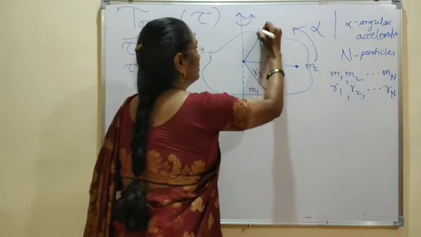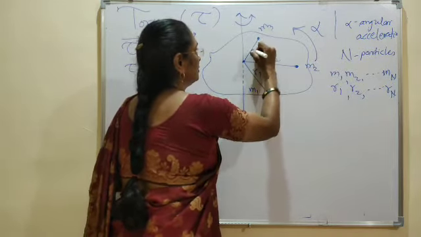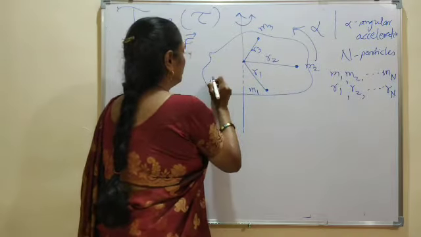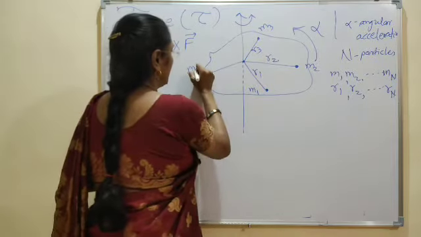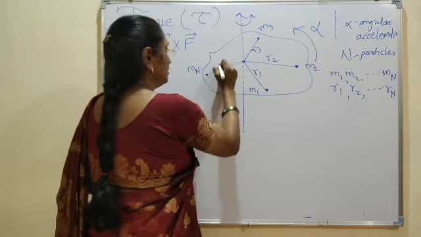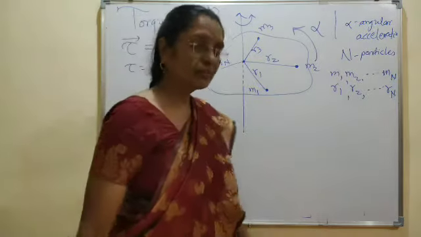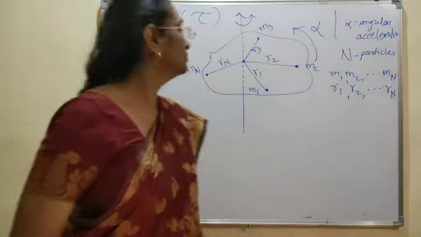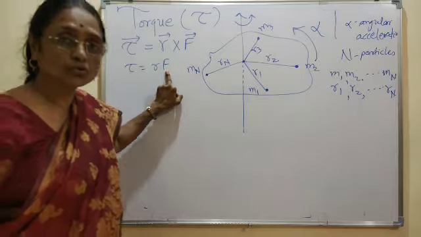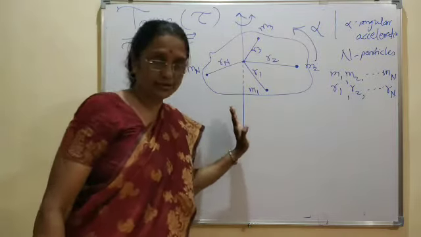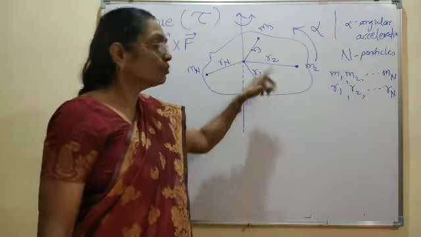For the third one, it is r3. For the nth particle, mn is the mass and the distance is rn. But in this case, we have to find the relation for the force acting on each particle when it rotates.